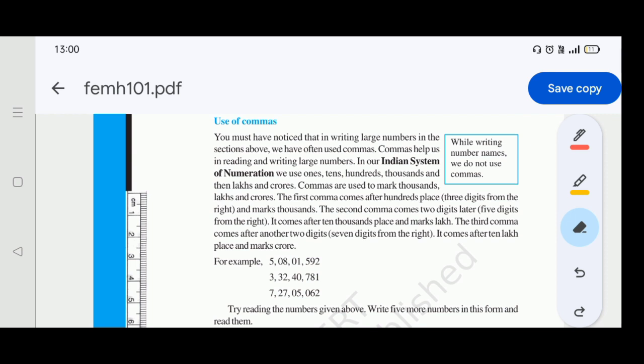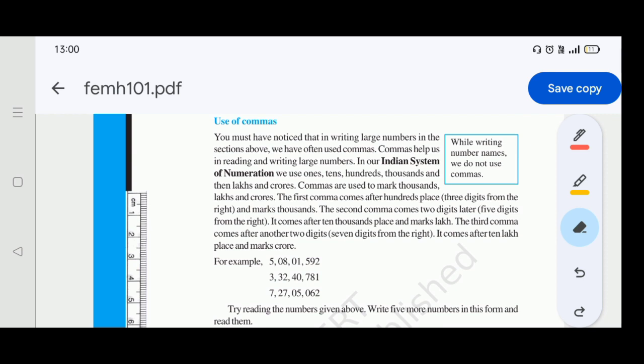Commas are used to mark thousands, lakhs, and crores. The first comma comes after the hundreds place, that is 3 digits from the right, and marks thousands. The second comma comes 2 digits later, that is 5 digits from the right. It comes after the 10,000s place and marks lakh.